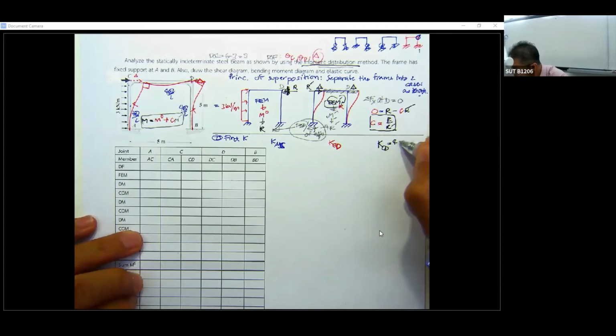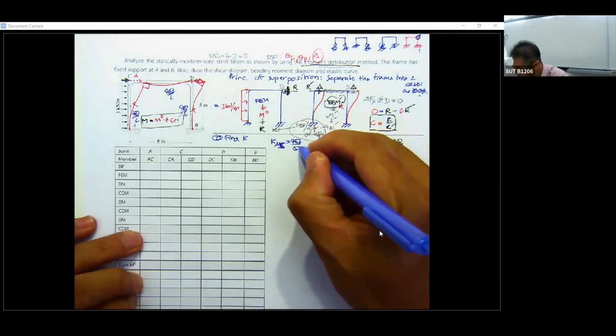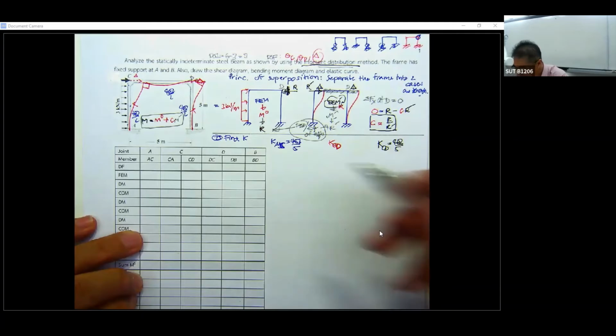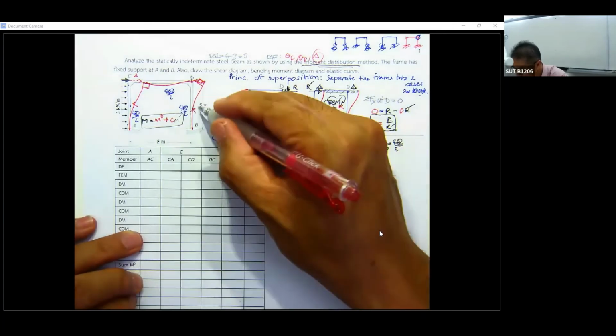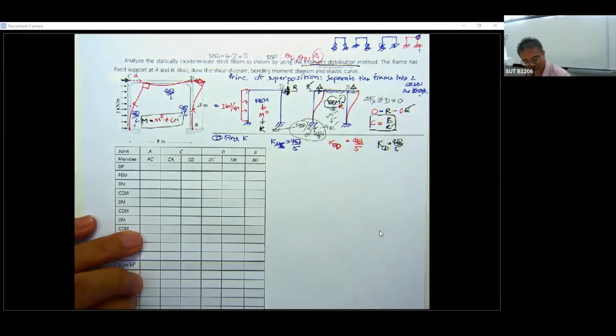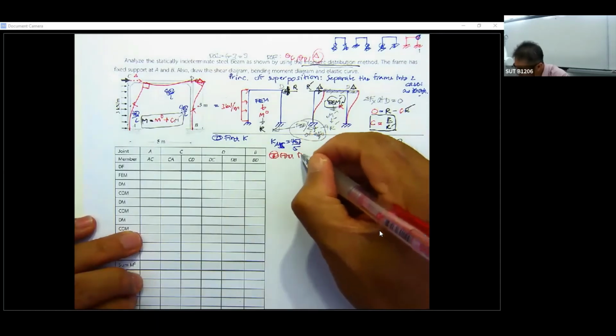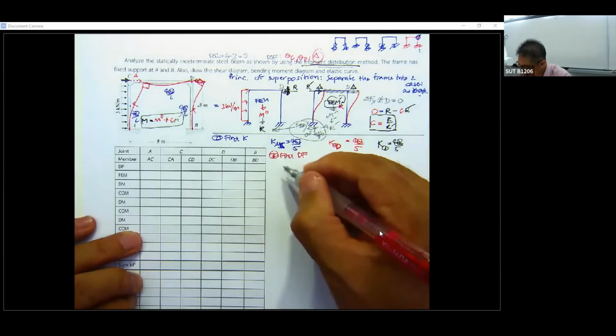This is 4EI divided by 5, this one also 4EI divided by 5, and this one also 4EI divided by 5. All of them are equal.